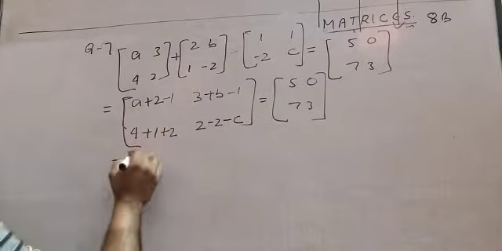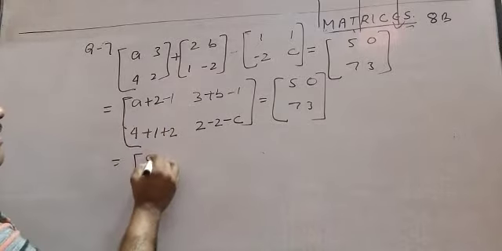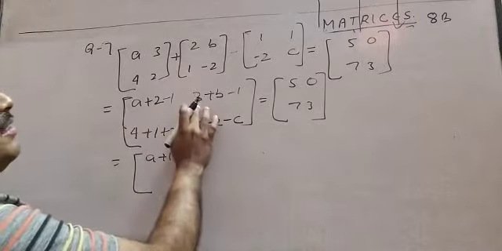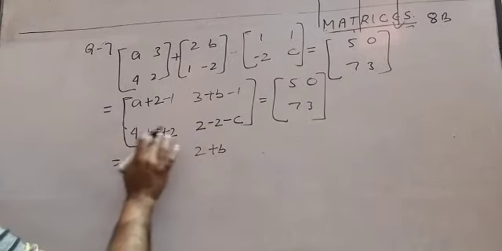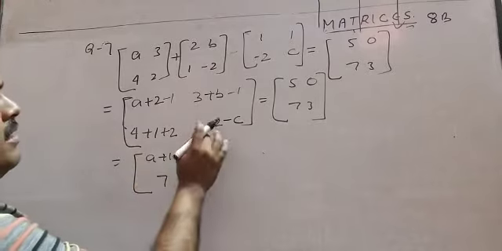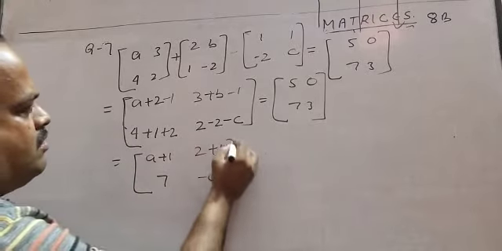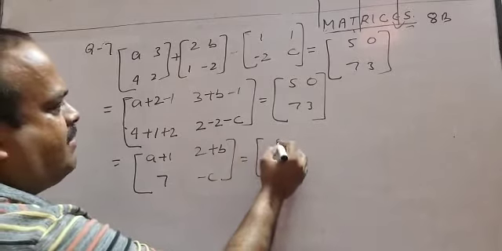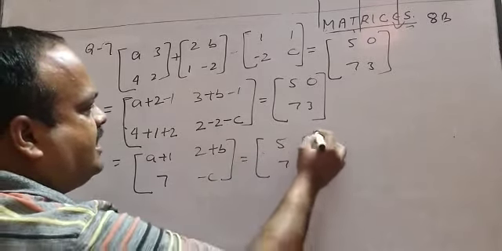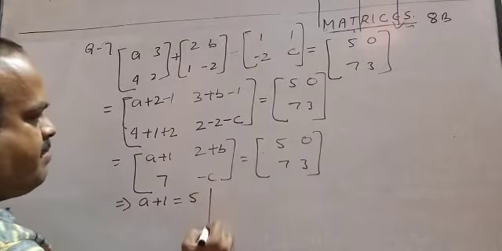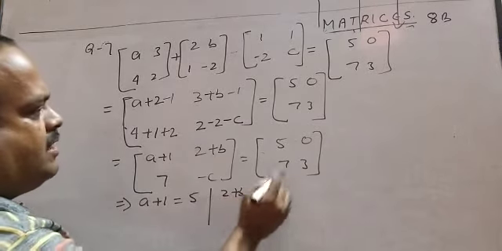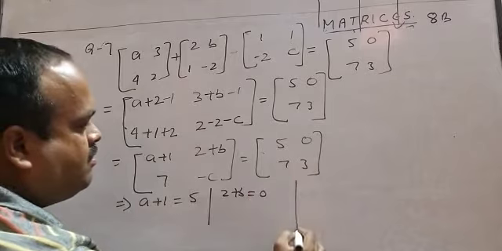Simplify this part. a plus 1, 3 minus 1, 2, 2 plus b, 4, 2, 6, 1, 7, 2 minus 2, 0. This side we have [5 0; 7 3]. Let us do comparison. a plus 1 is equal to 5. 2 plus b is equal to 0.